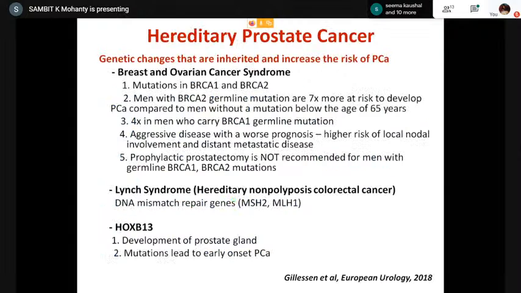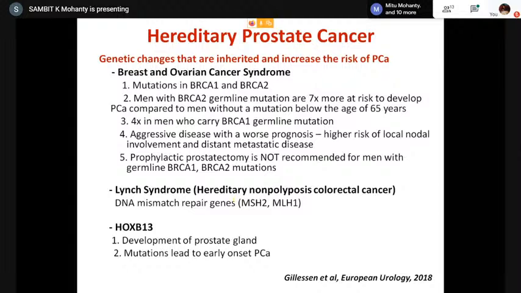Then a few words about hereditary prostate cancer, like hereditary breast and ovarian cancer syndrome: mutations in BRCA1 and 2. If a male is BRCA2 germline mutated, they have 7 times more risk to develop prostate cancer compared to men without a mutation below the age of 65.